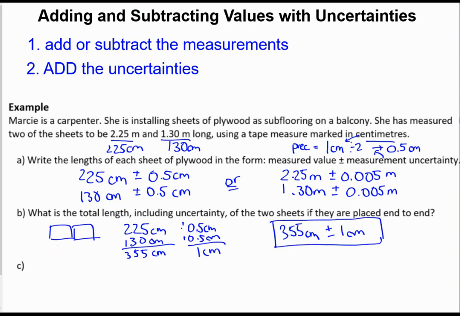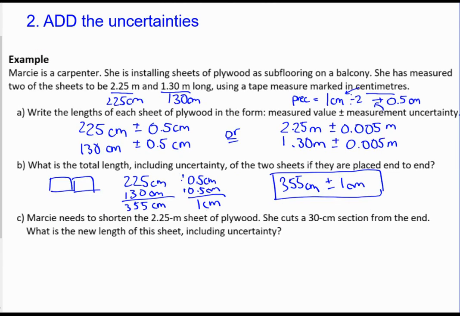Right. And last part, C, if Marcy needs to shorten the plywood, she cuts 30 centimeters from the end. What is the new length of this sheet, including the uncertainty? So she took her 2.25 meter, or 225 centimeter, sheet and cut 30 centimeters off the end. So it was 225 centimeters long. She cut off 30 centimeters from the end.